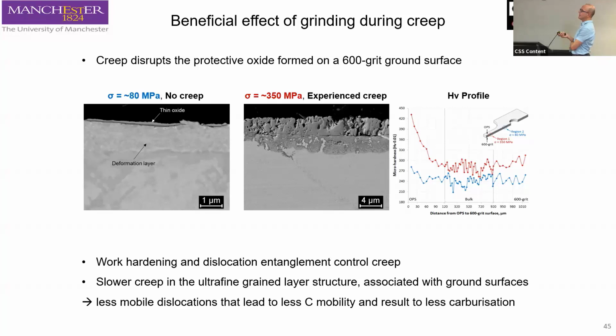So, despite you promote the formation of a duplex oxide, you still have a hardened layer that has significantly lower dislocation movement during creep, and therefore there is less carbon mobility right at the very surface of the material, where the carbon diffusivity is significantly hindered.